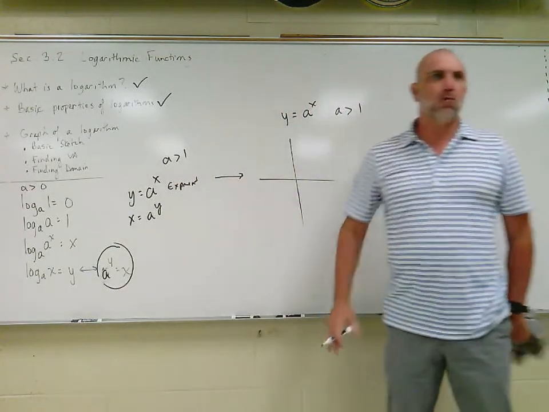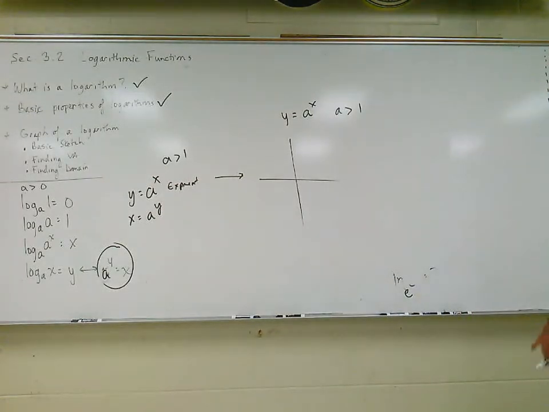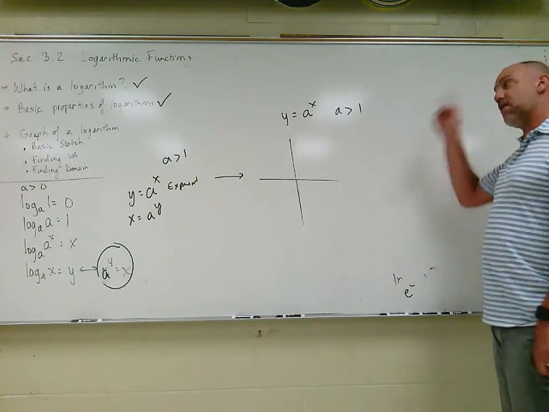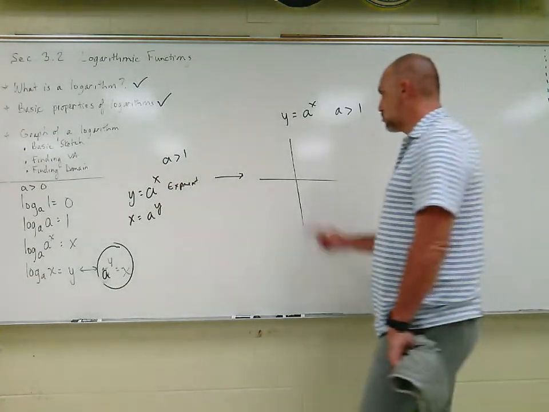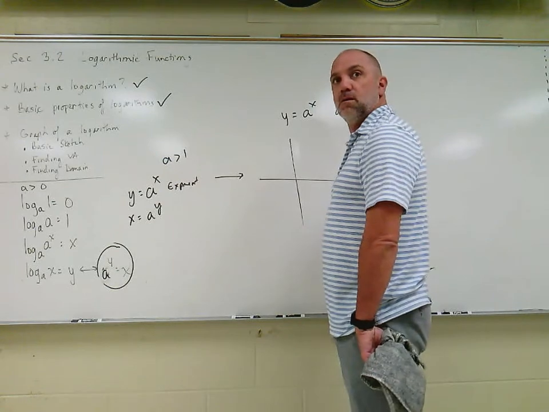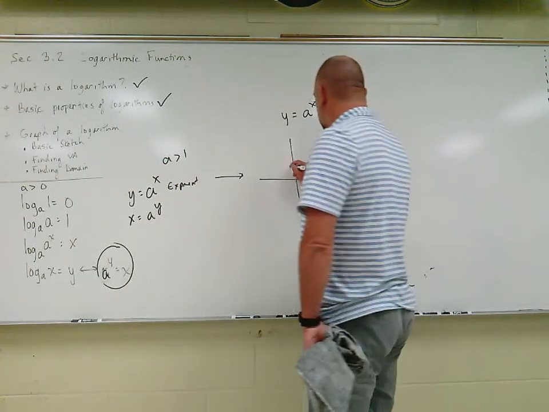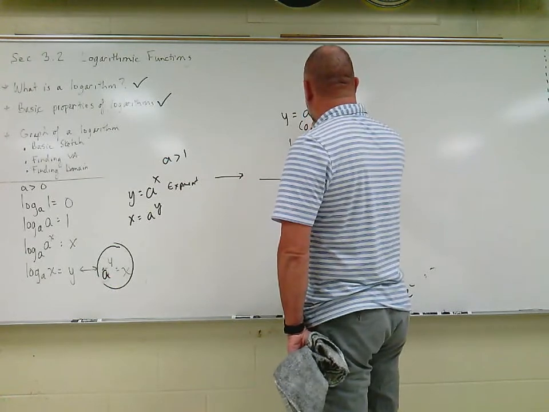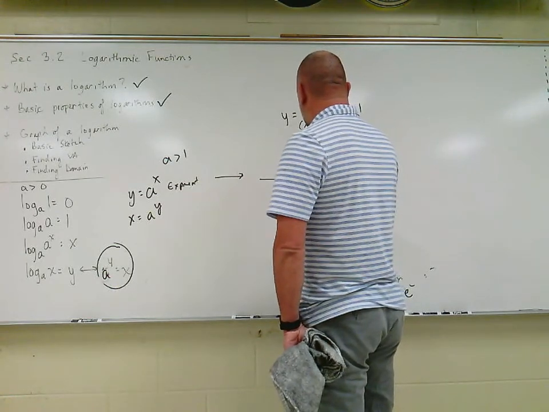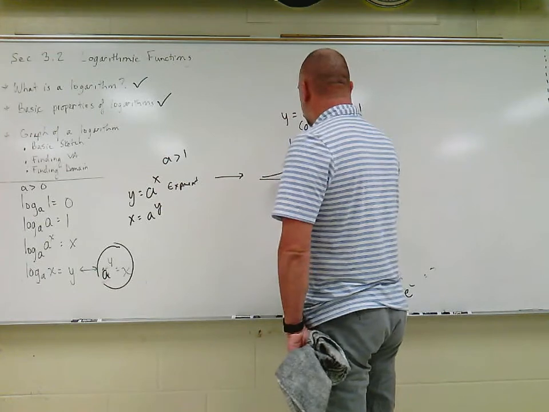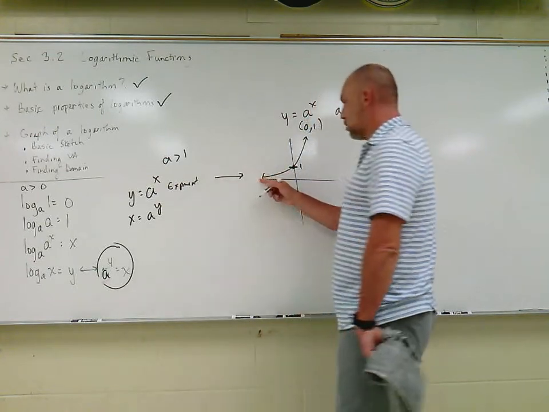Before today, what would you tell me that picture looks like? The whole lesson that I just did on exponential functions, that's right. What do you call that? Exponential growth. Crosses the y-axis where? At 1. So this has the point (0, 1), it grows exponentially.